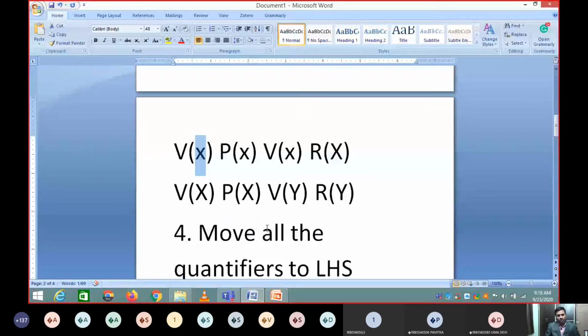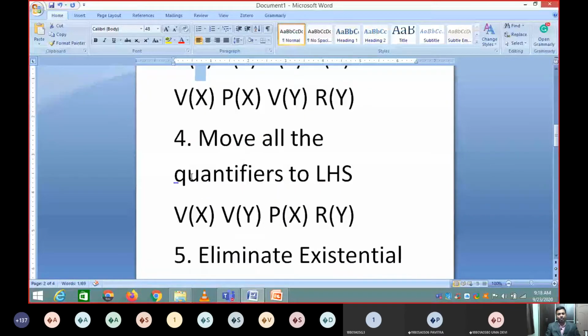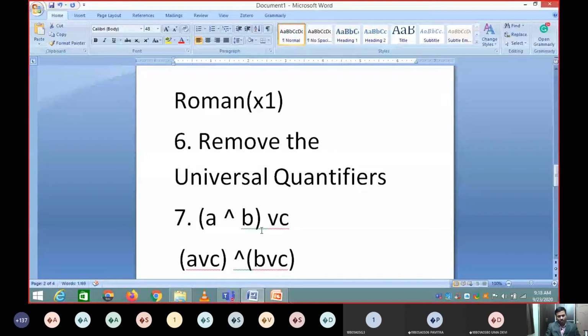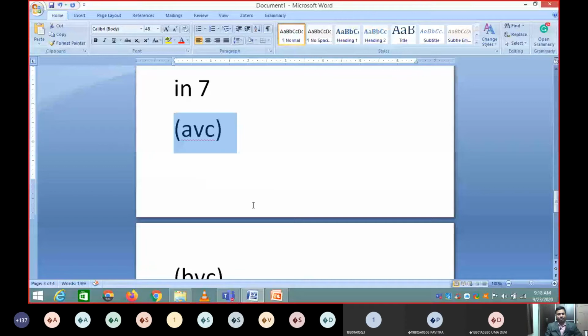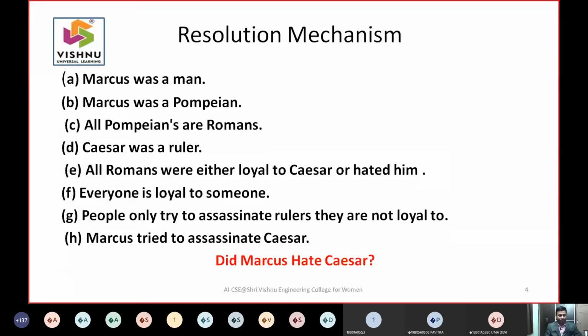Moving all the quantifiers to the LHS is needed, because all the quantifiers at some point of time will be removed. So eliminate the existential quantifier, eliminate the universal quantifiers, and express things as a combination of disjunctions, so that each can be taken as a separate statement itself. We will see the rules in detail by using this PowerPoint now.